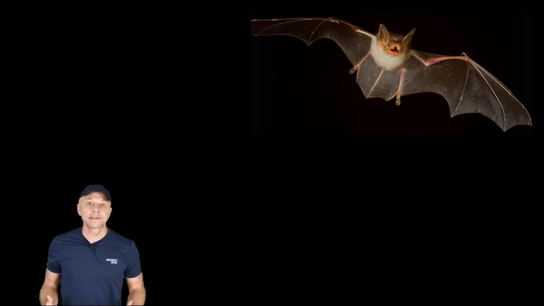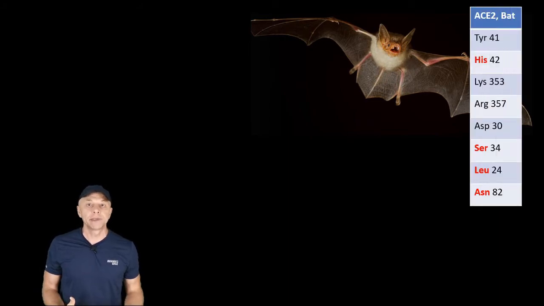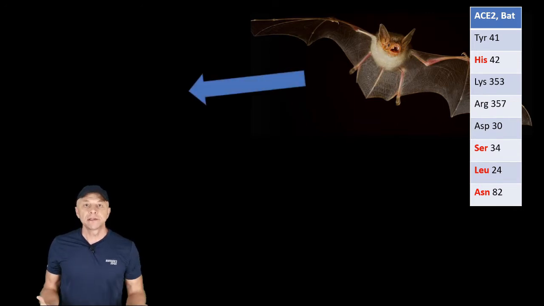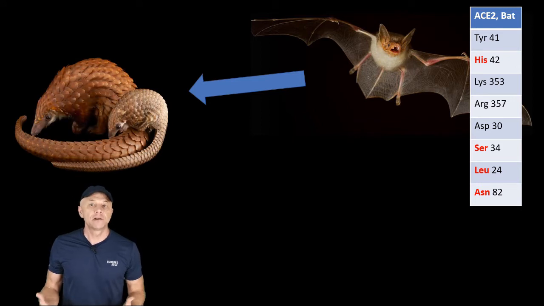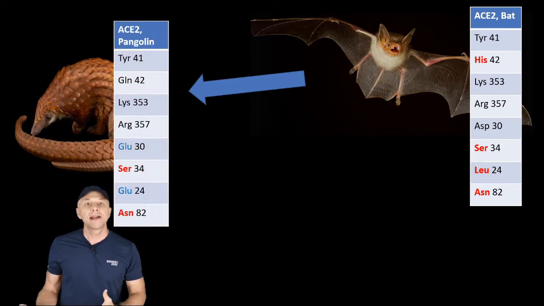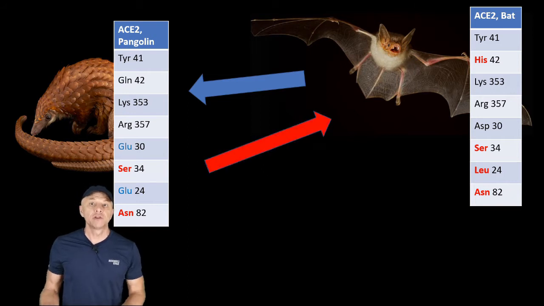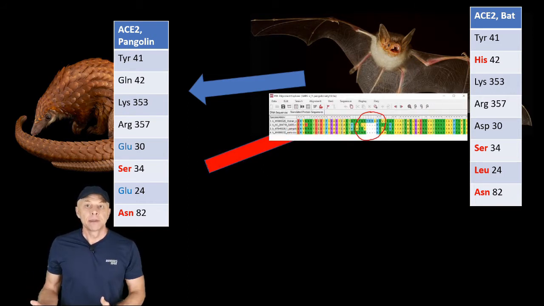These observations result in the following transmission pathway explaining the natural origin of SARS-CoV-2. The virus endemic to bats, with a very different interface of ACE2 protein, first jumped to pangolins, where it evolved adaptations to the new ACE2 variant, which is closer to the human one.